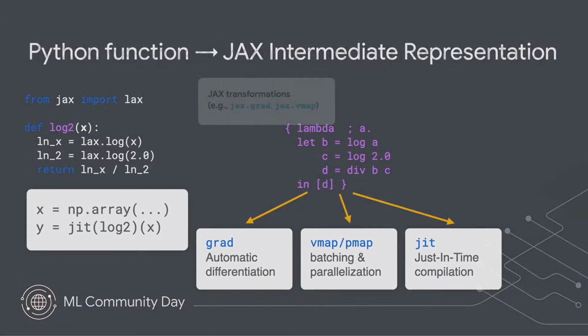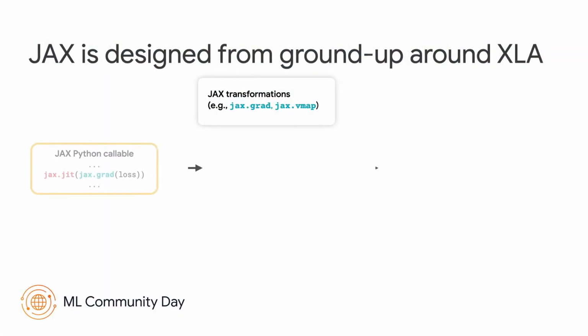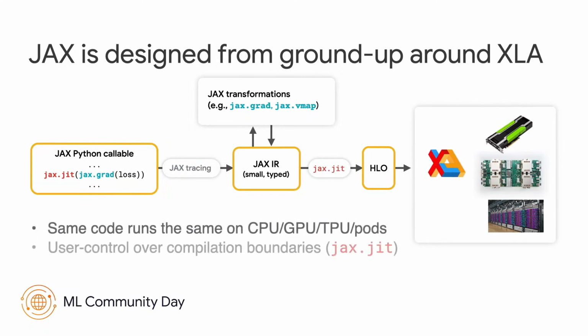And so the result is you have this nice pipeline where you're writing Python code on the left, and JAX is tracing it, turning it into an intermediate representation, transforming that intermediate representation in the way that you specify in your Python code, and eventually JIT compiling it to HLO, which stands for high-level optimized code, which is what XLA reads in. And XLA can take this HLO, compile it, and send it to CPUs, GPUs, or TPUs. And all that you need to do as a user is write this Python code on the left-hand side. Everything else is under the hood and kind of happens automatically.